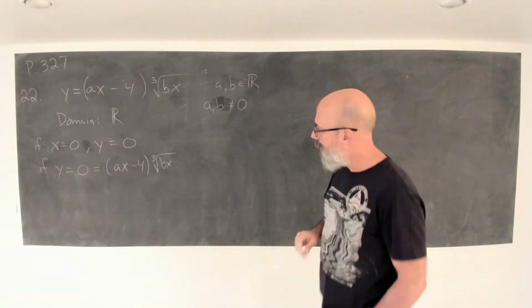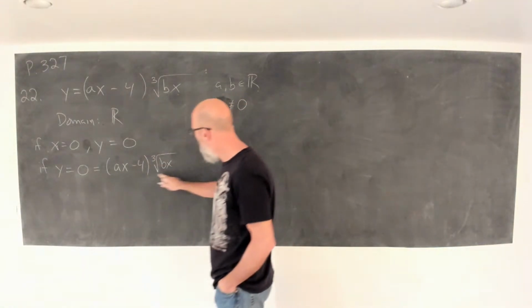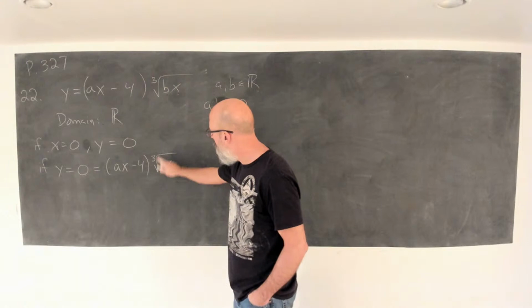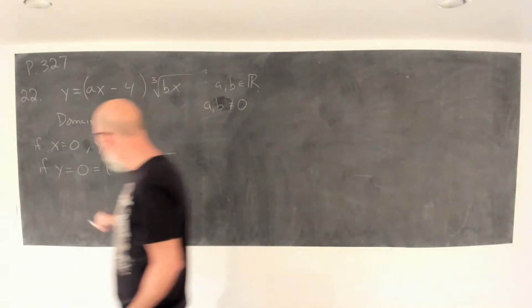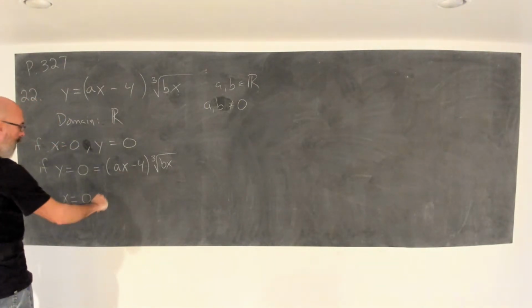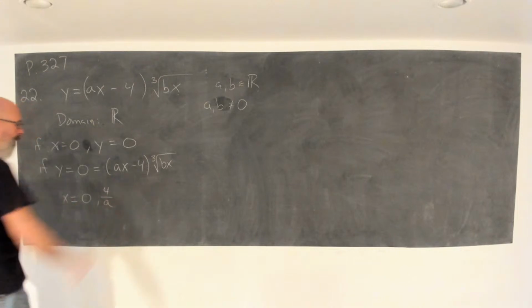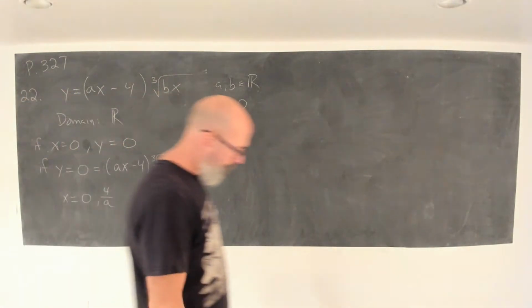So one of the factors has to be 0. Either this is 0 or that is 0, which would mean Bx is 0, but B is not 0, which would mean X is 0. So either X is 0 or 4 over A. Thank you, Michael.